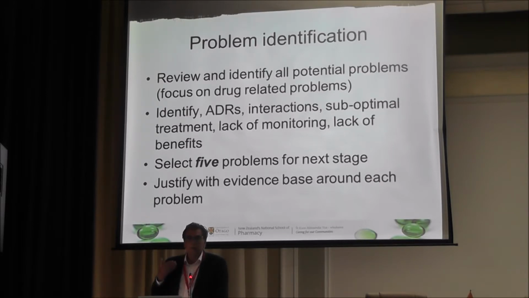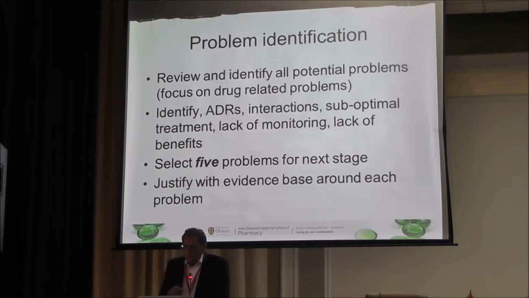We're looking at potential drug interactions, but also things that are a little bit more difficult to identify, such as missing drug treatment, a condition that is not being treated that could be treated with medicines therapy, or maybe a condition which is being inappropriately treated. Or maybe there is a drug there that has no particular indication for its use. So we class these in total as drug-related problems.